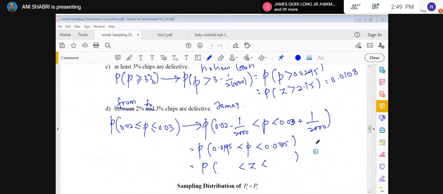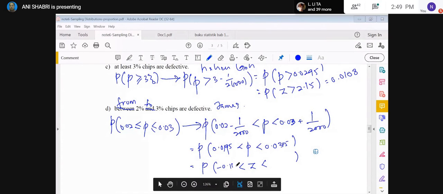Okay, we can get the value is negative 0.11 and satu lagi Z is 2.37.